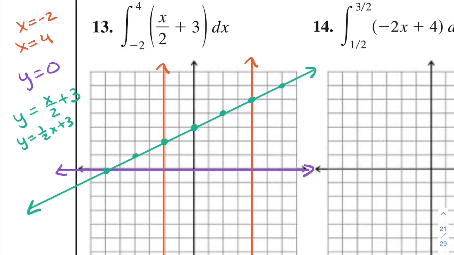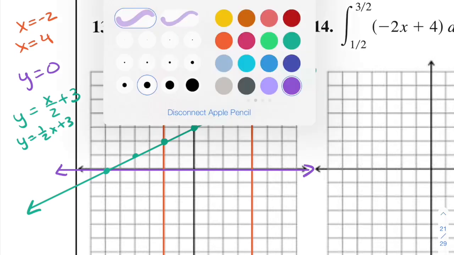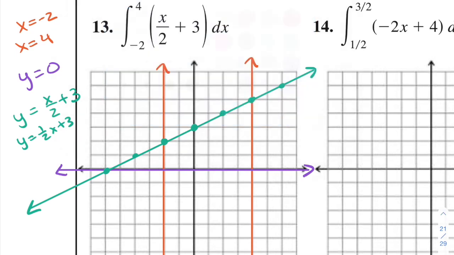So this one has shading that is right here. So we have all of this area we're trying to find. Isn't that really cool? It's not 4 constant functions, I'm sorry, equations. It is something that's changing as we go from left to right.